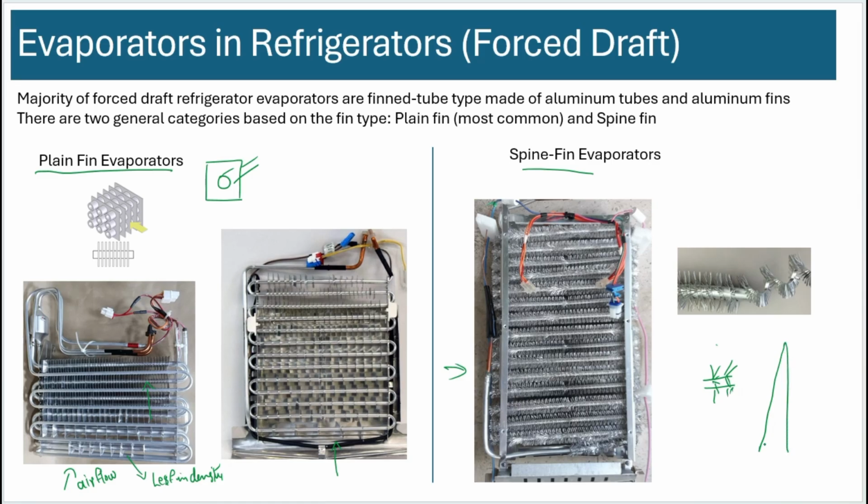Okay, so the tubes are spaced farther apart at the bottom, and as you go, they converge, right? If you look from the side. So these are two types of tube fin evaporators that are primarily used in refrigeration systems. And the most common one is the plain fin.